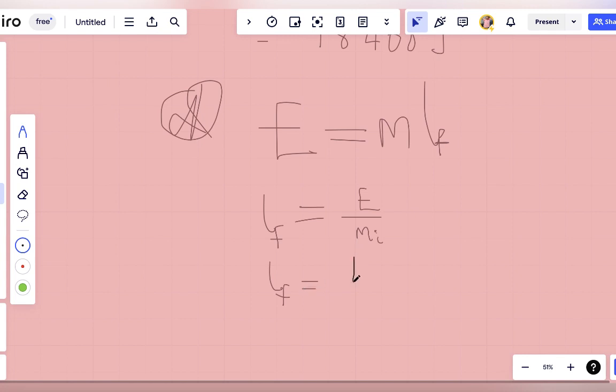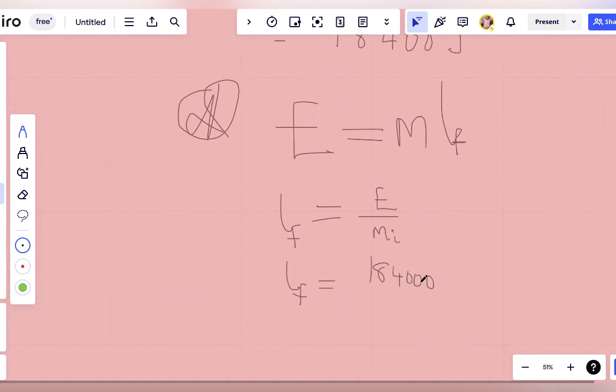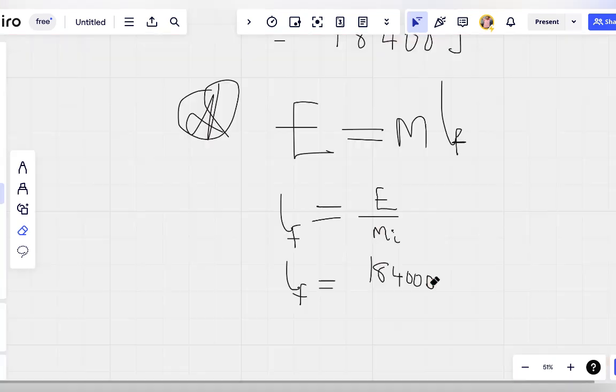Our LF, the specific latent heat of fusion, is equal to the energy lost by the water originally, 80,400, divided by the mass of the ice, which is 60 grams.